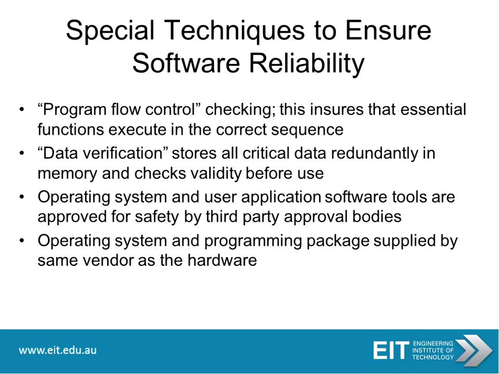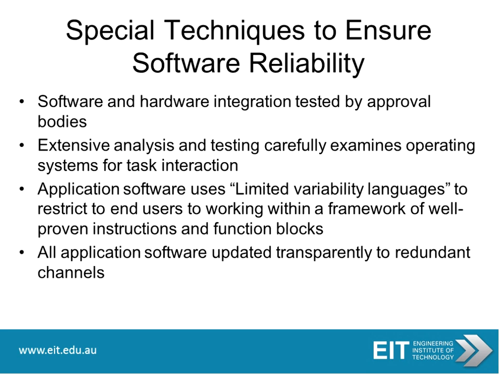Special techniques that we have to ensure software reliability include program flow control. This is to ensure your essential functions execute in the correct sequence. We've also got data verification, which stores all the critical data redundantly in memory and checks its validity before it's used. Operating systems and your user application software tools are approved for safety by third-party approval bodies, and the operating system and programming package are supplied by the same vendor as the hardware.